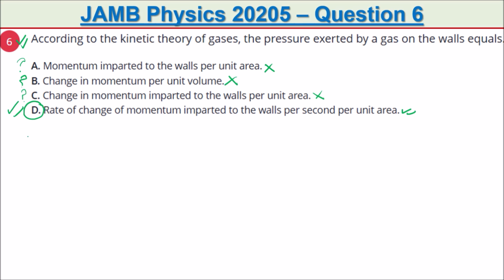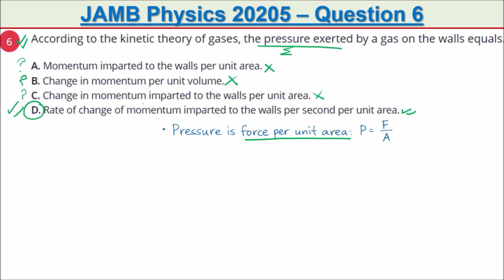So the first thing we need to understand is we are talking about pressure exerted. So the first topic or the first definition you need to recall is the definition of pressure. Pressure is force per unit area. Equation wise, it's F divided by A is equal to P.